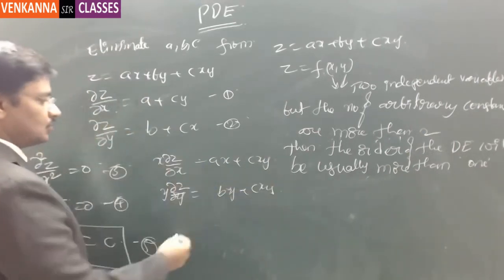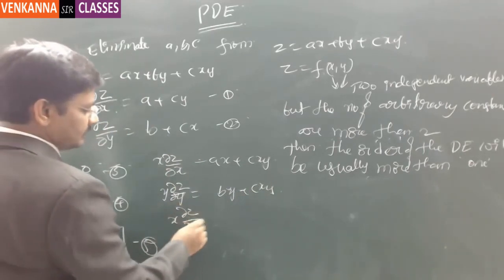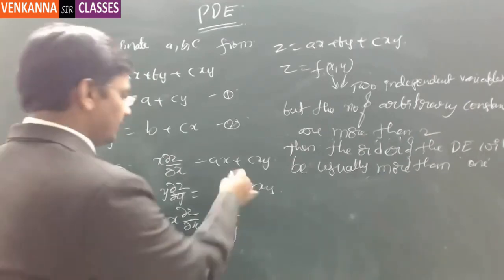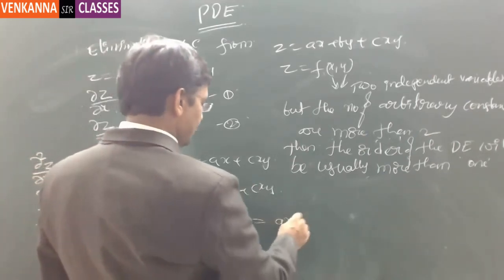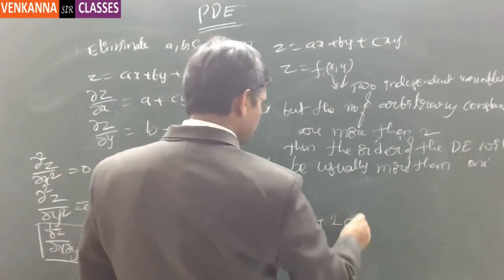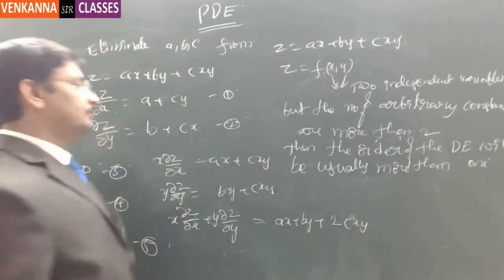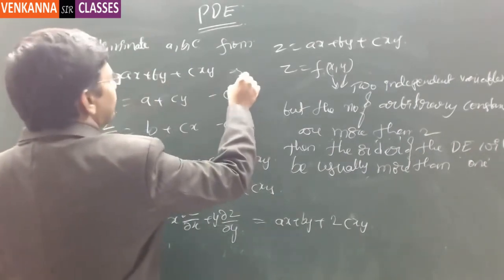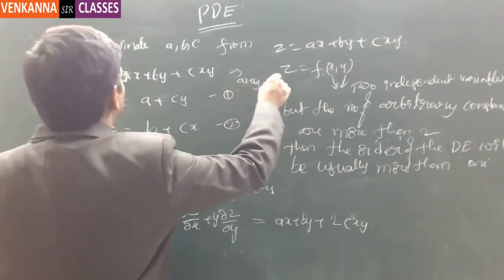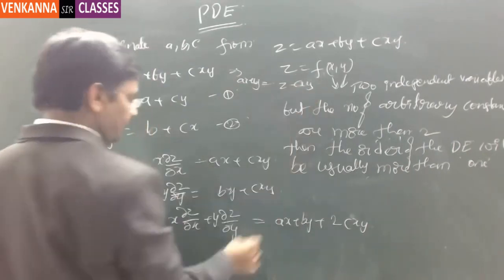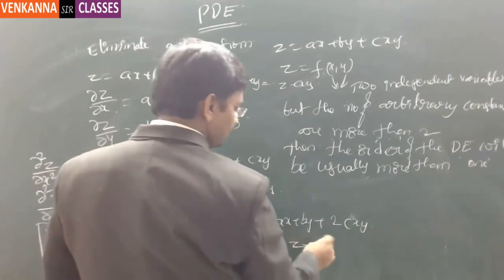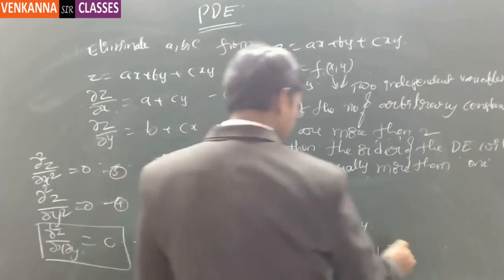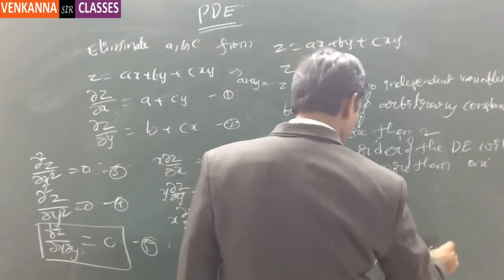Now if I add these two together, x dou z by dou x plus y dou z by dou y is equal to ax plus by plus 2cxy. Got it? So here from this equation I can write ax plus by is equal to z minus cxy. If I replace it here, z minus cxy plus 2cxy, so this is z plus cxy.